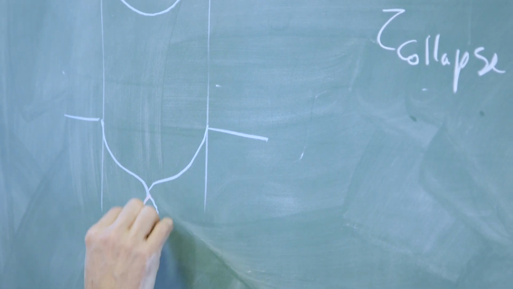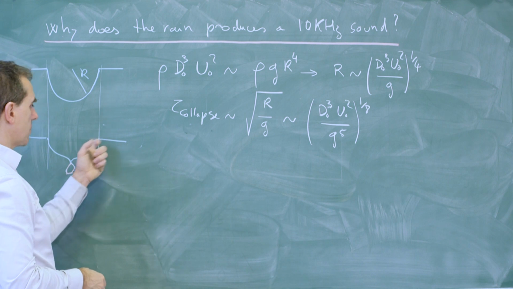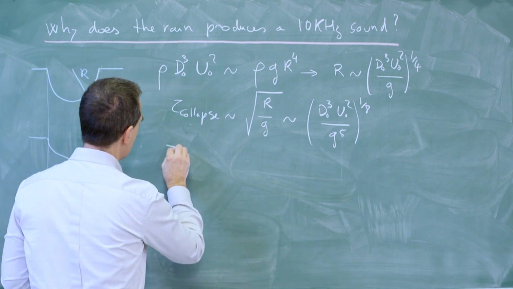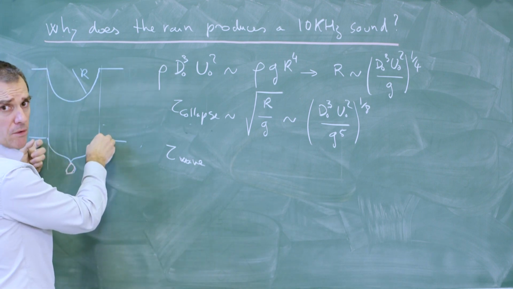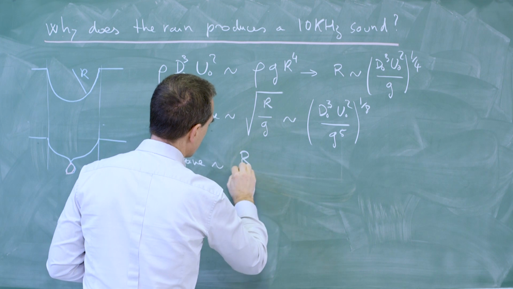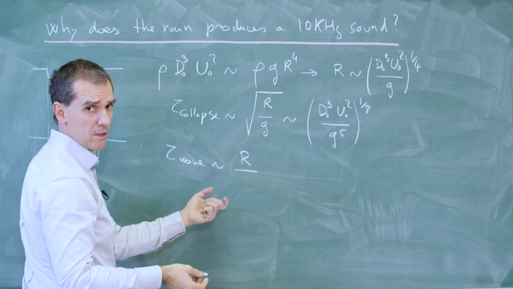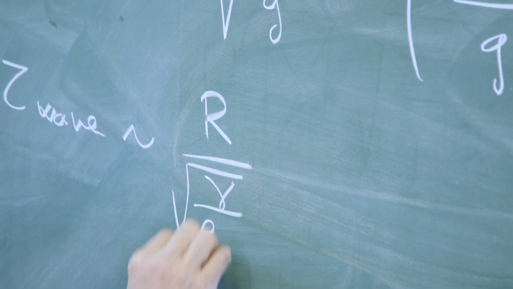So this is our criterion. In order to discuss the possibility of propagating the wave, we need to evaluate the time it takes for the wave to propagate over this cavity. This time of propagation goes like the size of the crater divided by the characteristic velocity of the wave, which goes like the square root of gamma divided by rho R.